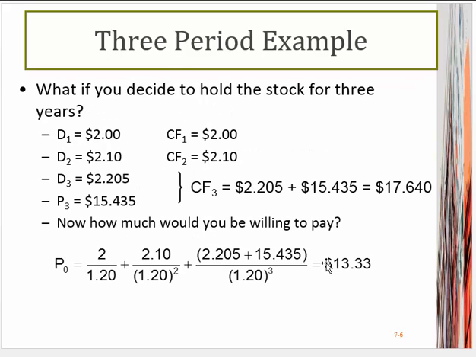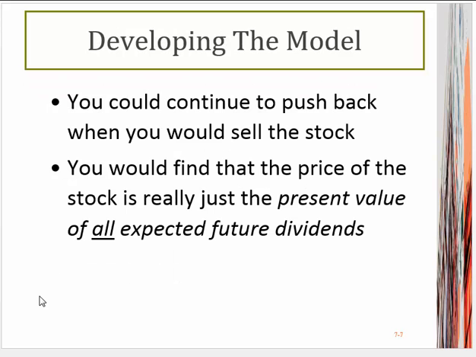And of course, we could do the 3 period example. And the idea here is that the present values of all of the future cash flows should ultimately be equal, right? You can push this back and back, when you should sell the stock. And what we would find is that the price of the stock is just the present value of all of its expected future dividends.